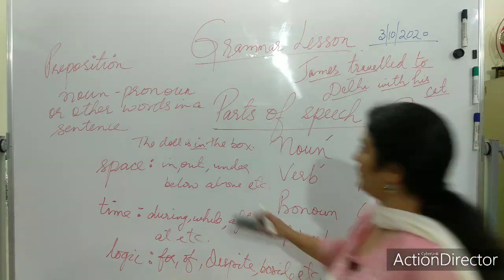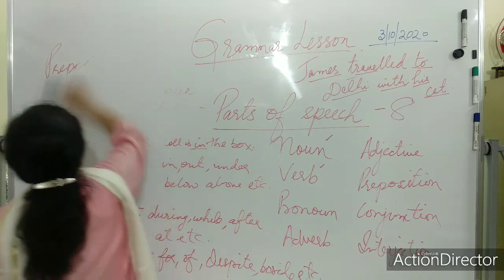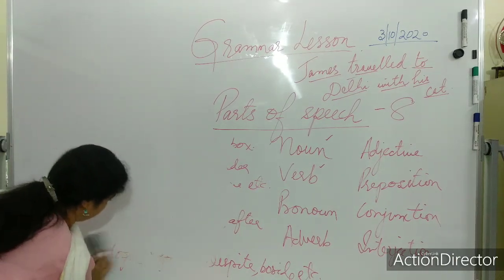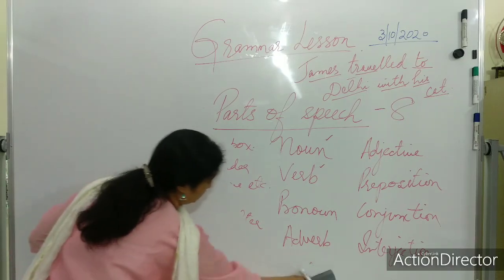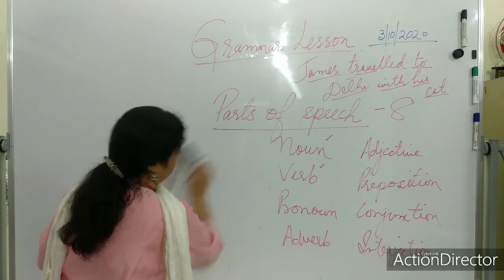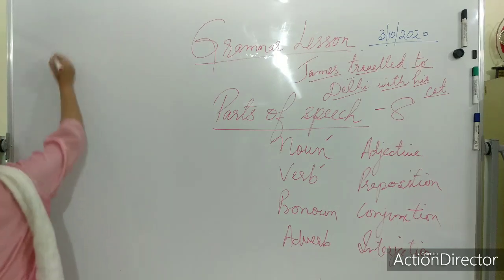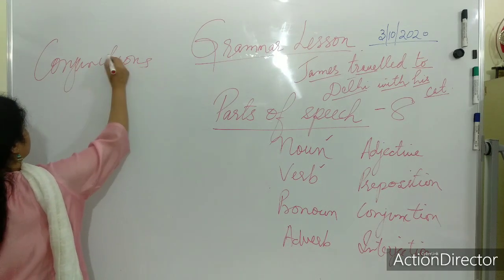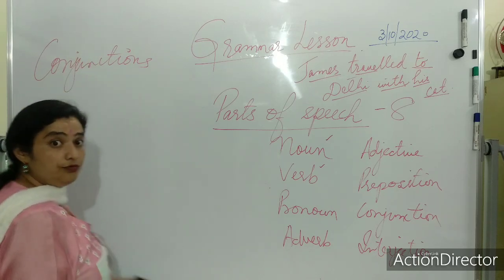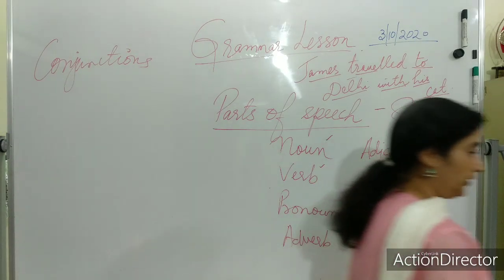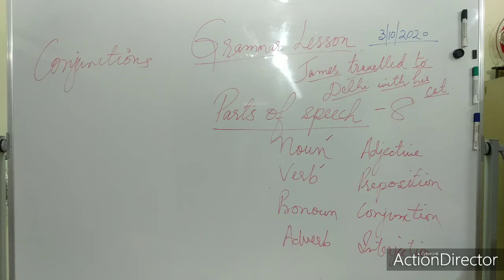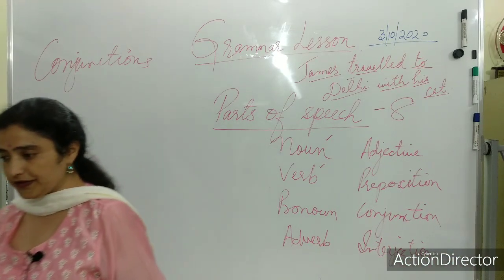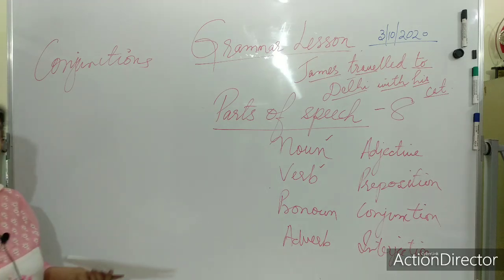After prepositions, we have conjunctions. Very simple. What do conjunctions do? Conjunctions are used to join two sentences. That is the work performed by conjunctions. They join sentences, or they join groups of words.